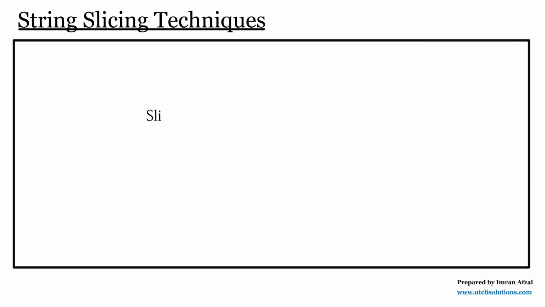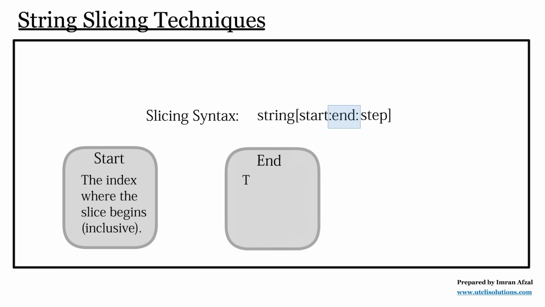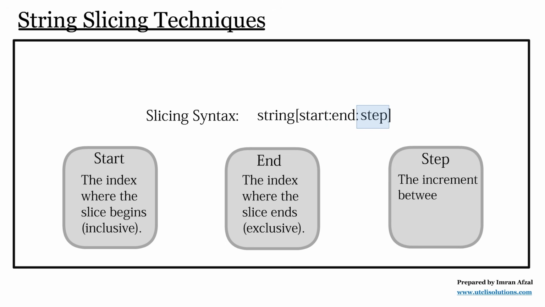The basic syntax for slicing a string is string[start:end:step]. The start is the index where the slice begins, and end is the index where the slice ends, but it is not included in the result, and the step defines the interval between characters in the slice.